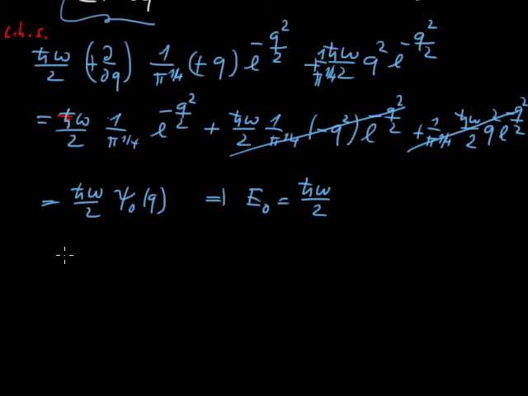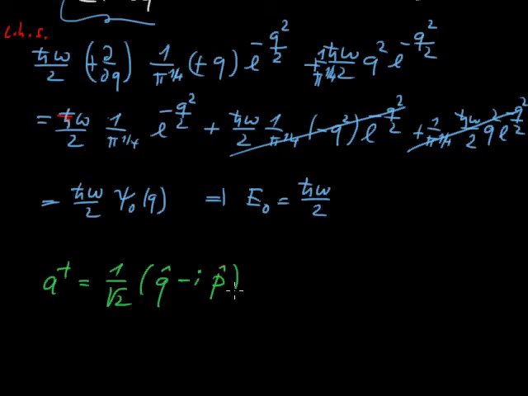For example, I can assume this. So the creation operator is, I'm not sure if we have written before this version of it, but it's basically this. It's the q coordinate plus i times the p operator.